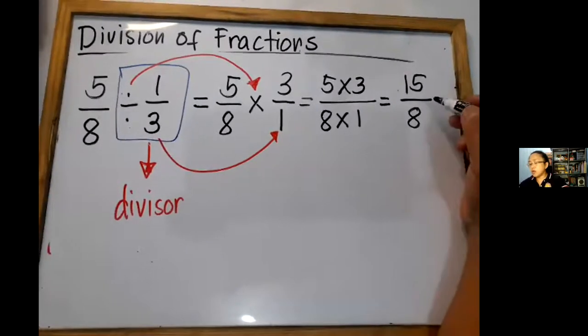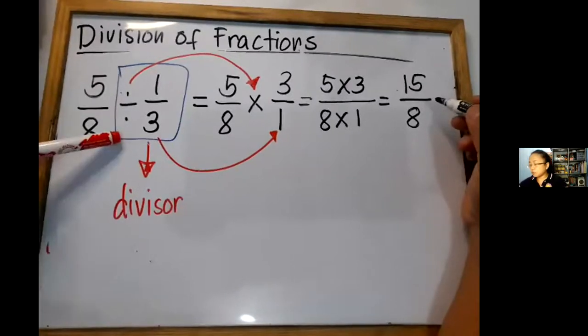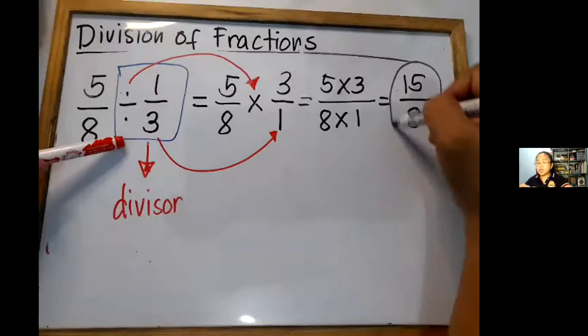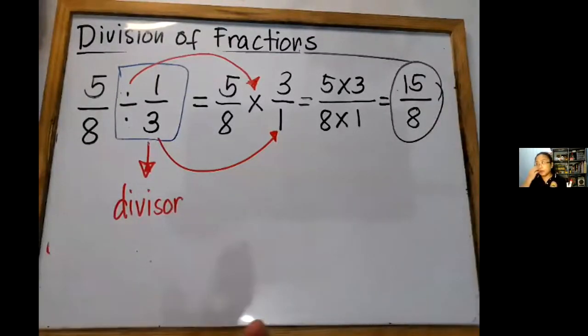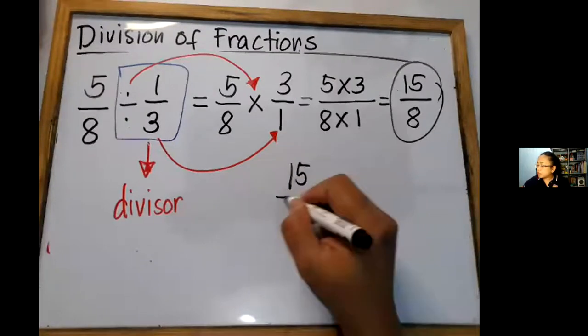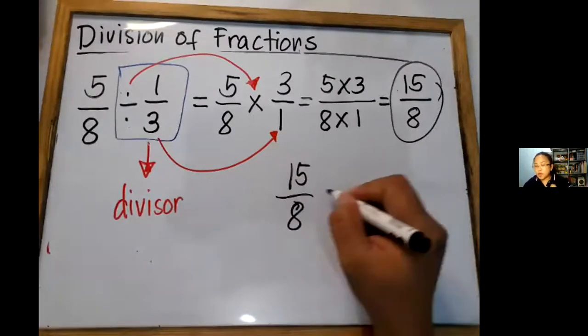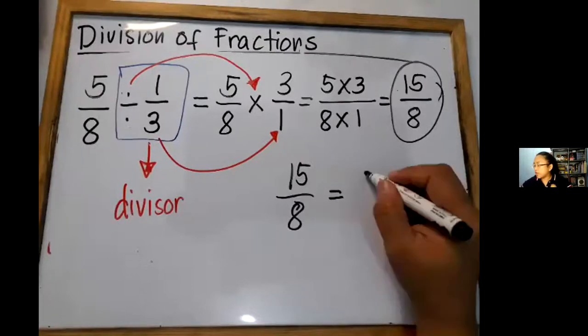So 5/8 divided by 1/3 is 15/8. Siyempre, you always need to express your answer in lowest term. Now, since 15/8 is an improper fraction, pwede rin yan, kung kinakailangan, you express the improper fraction as a mixed number. 15 divided by 8 is 1, remainder 7.